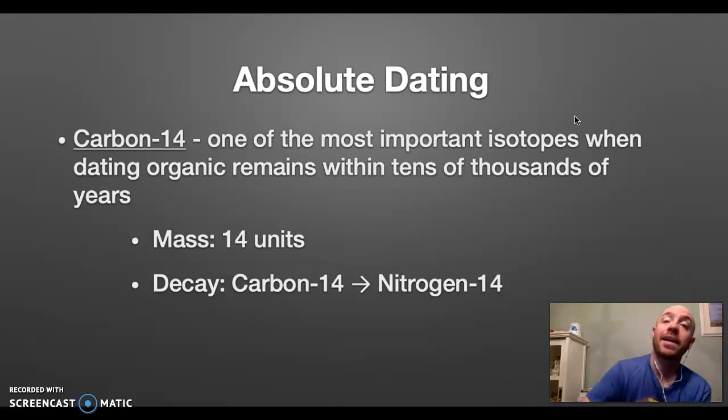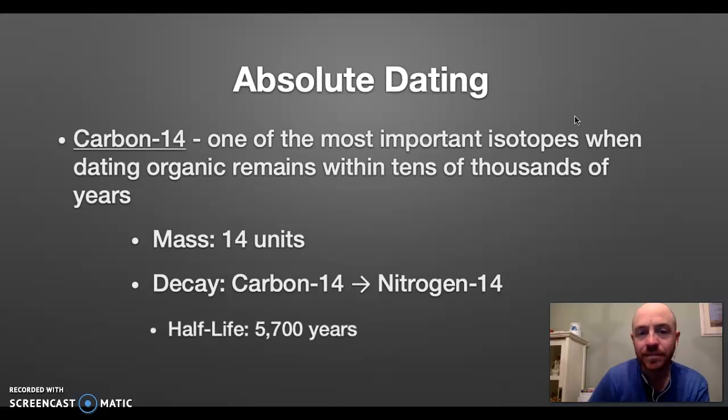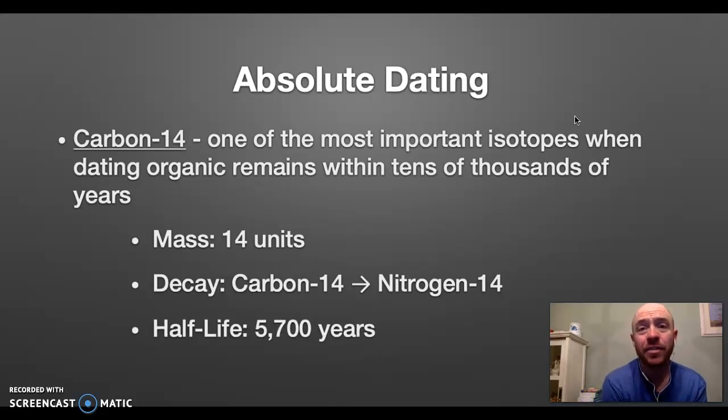We need something with a much shorter half-life, because that allows us to not go as deep into the geologic history. The half-life of carbon-14 is around 5,700 years. This helps a lot when dating organic remains because we can get really accurate in terms of when that particular fossil or other type of organic remain was left behind.